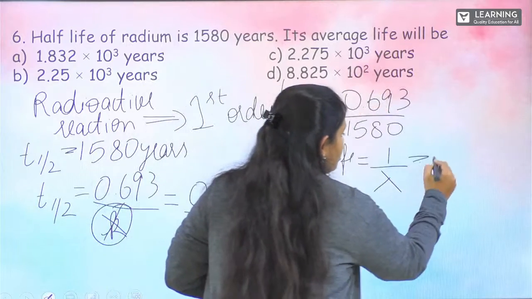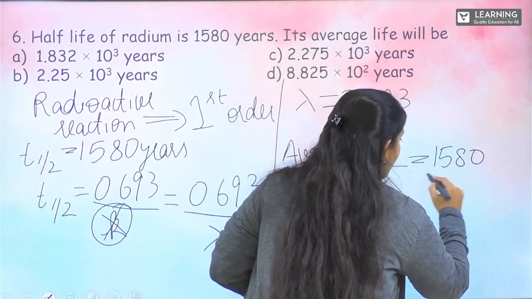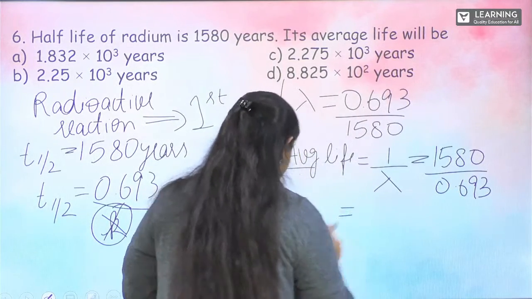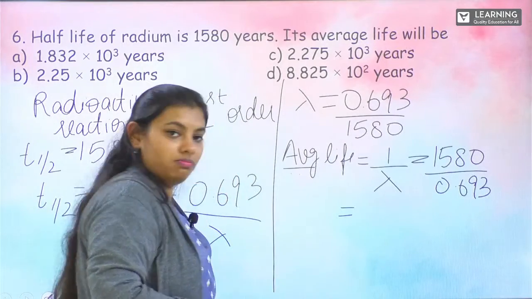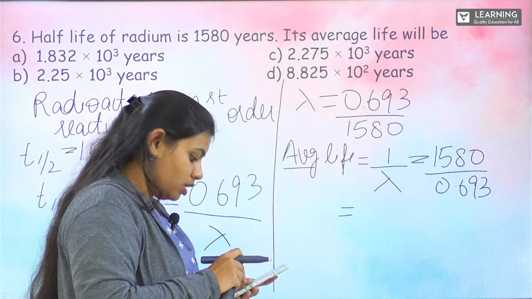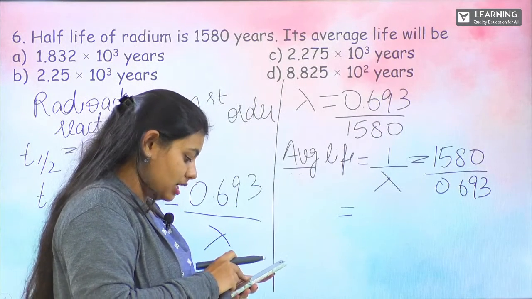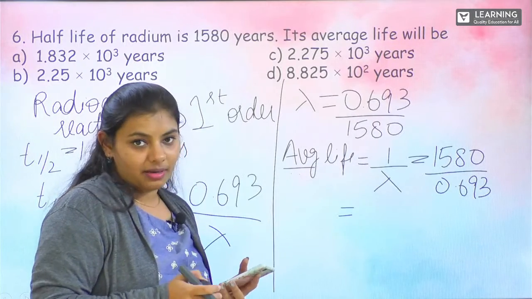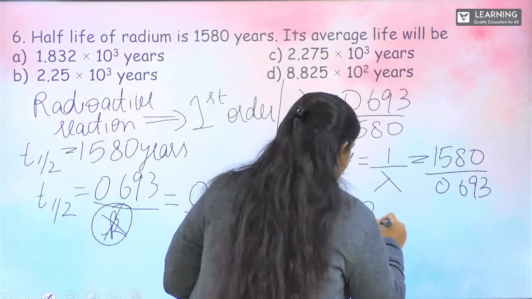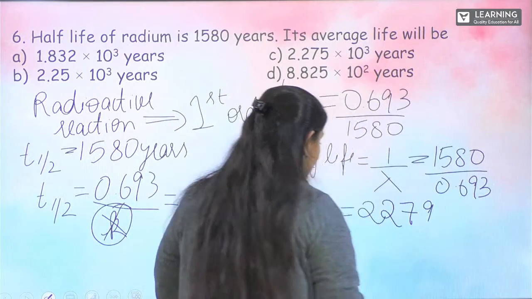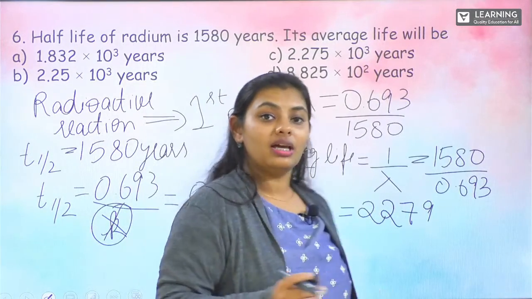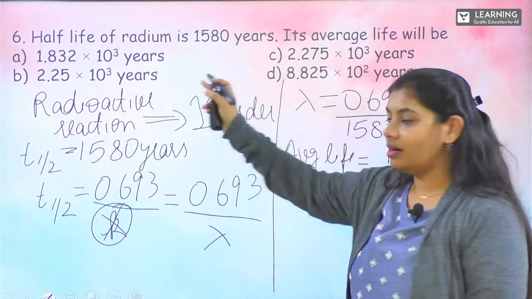Simple. So 1580 by 0.693. That is going to give us the average life. Can you all check with me the answer, which is going to be 1580 divided by 0.693, 2279. Clear? This is going to be the average life of this particular reaction.